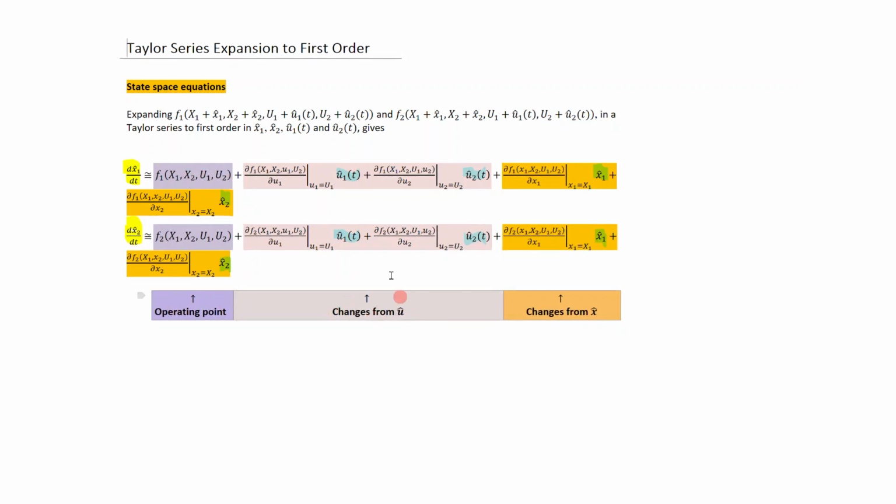This is changes in u and changes in x. And you'll notice that once you take a partial derivative, you hold everything constant except the variable you're taking the derivative with respect to. But once you've taken the derivative, then u2 is replaced by its steady state value or equilibrium value, U2. And this is done essentially for all of the partial derivatives that have to be computed here.